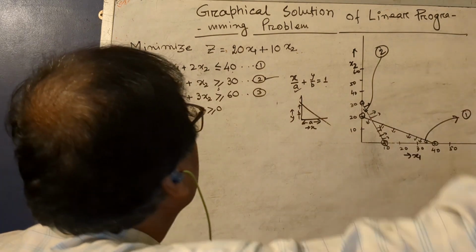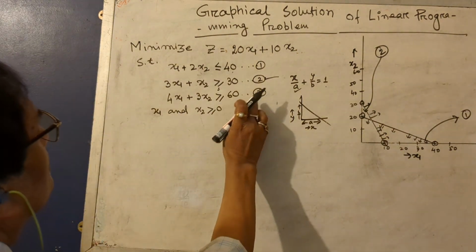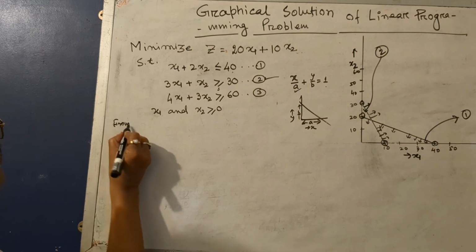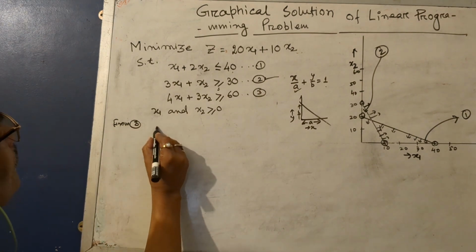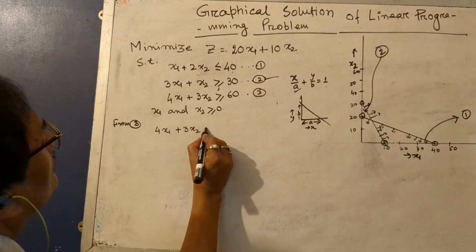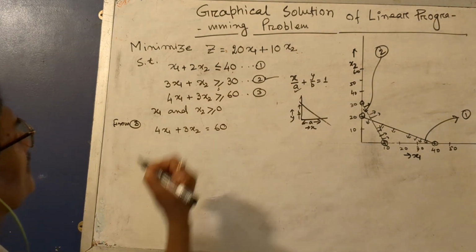Okay, now I am taking equation 3. From 3, you can write in this way, 4x1 plus 3x2 is equal to 60. This is also of the greater than type.